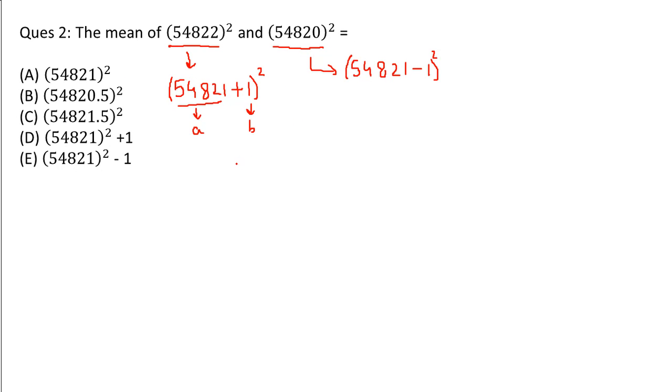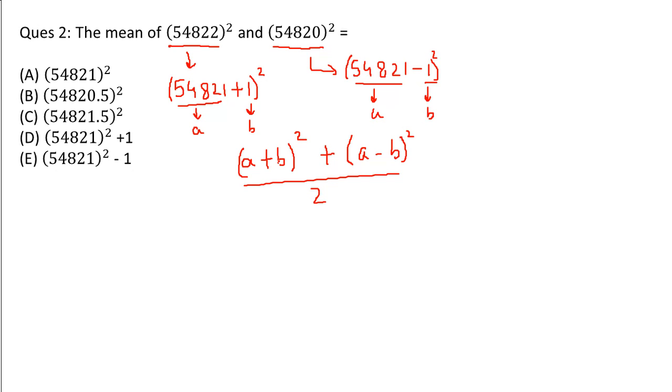So clearly I need to find the mean of (A plus B) whole square plus (A minus B) whole square upon 2. I need to find out this value where A is 54,821 and B is 1.